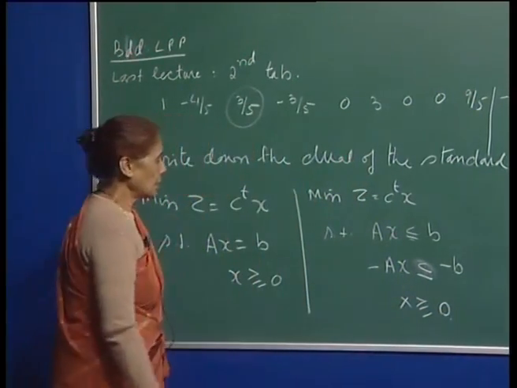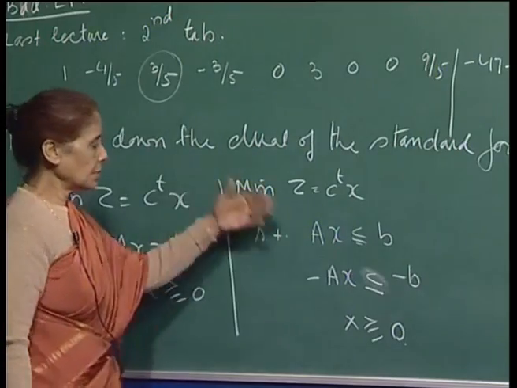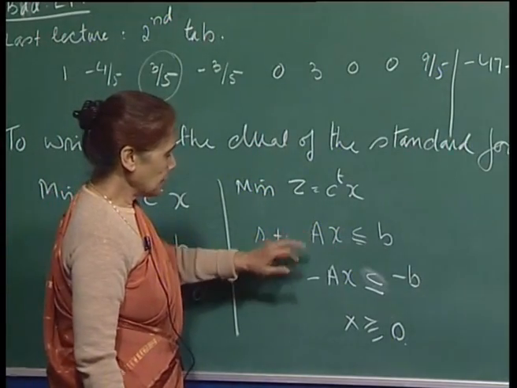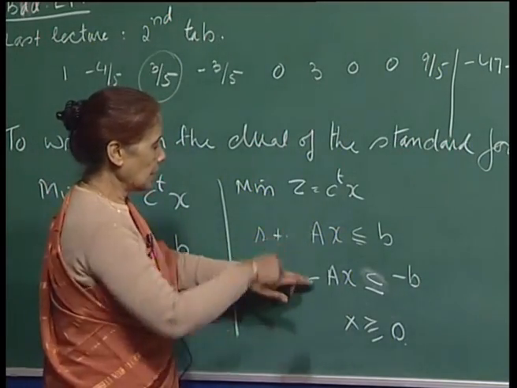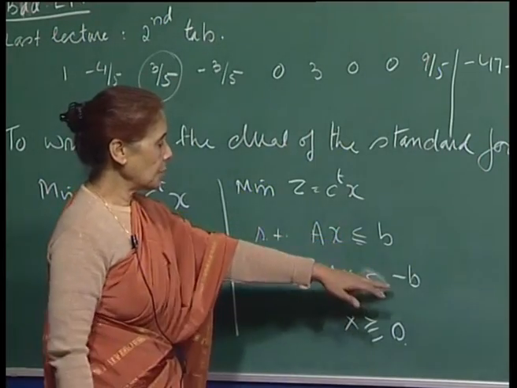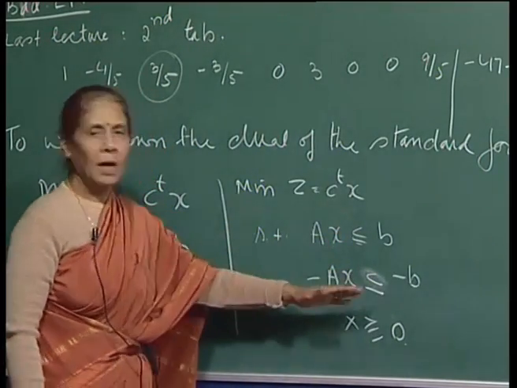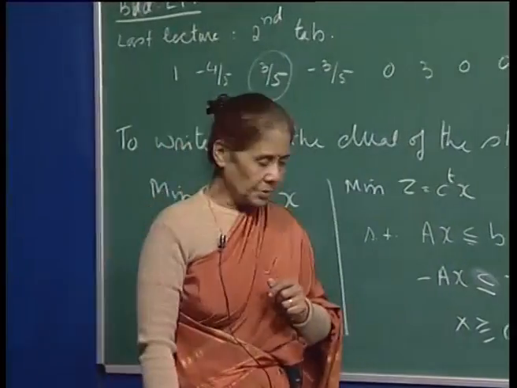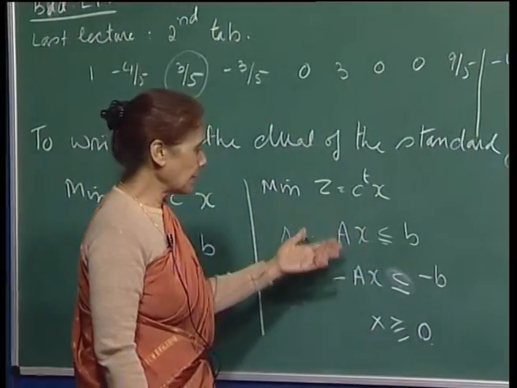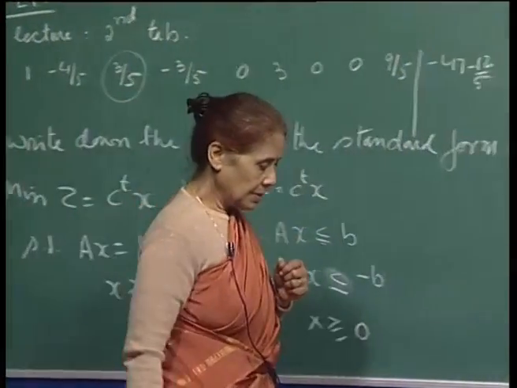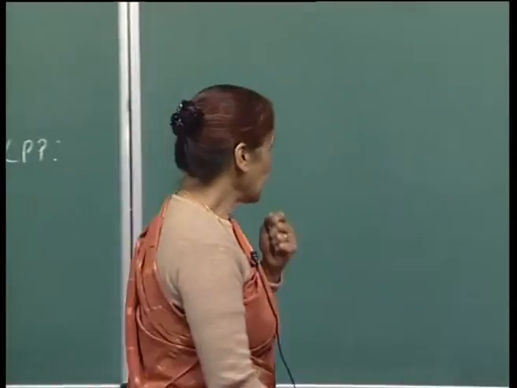Okay, so I will give you that much hint, and now your matrix A becomes A, minus A times x, and your right hand side is B, minus B. So you can now write down the dual to this problem using the methods I have given you, and just see whether you get it in the right form.